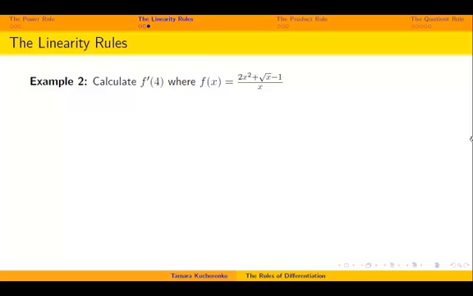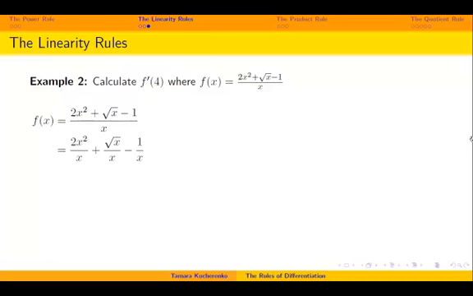Since we do not know how to compute the derivative of a quotient yet, we rewrite our expression first by dividing each term in the numerator by the denominator x.